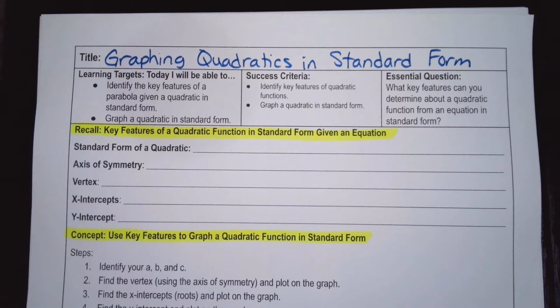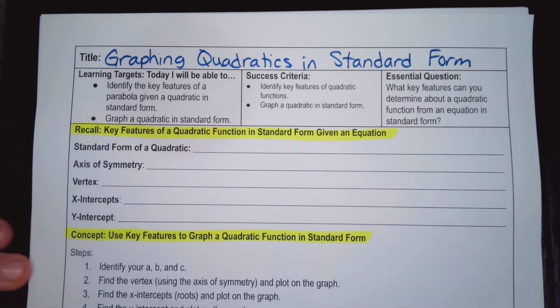So we need to recall some key features. Now, if you notice, we're not identifying every key feature that we did in the previous lesson. We don't need all of those to graph. We only need 4 key features to be able to graph the quadratic parabola. So let's remind ourselves of how to find those things.